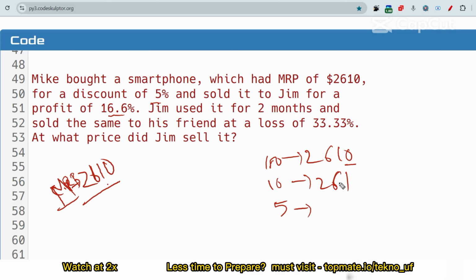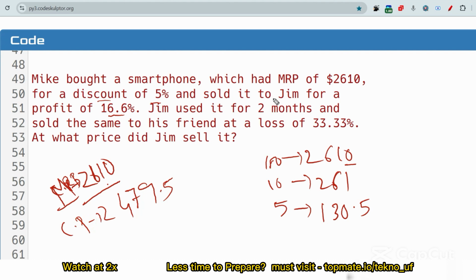So what will be the half of this number? That is 130.5. So just subtract 130.5 from this number, and you will get the new cost price, which will be 2479.5.